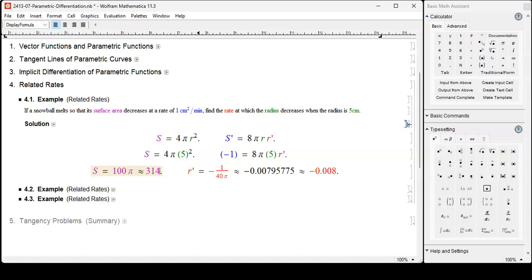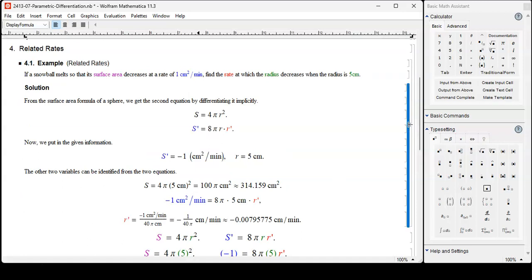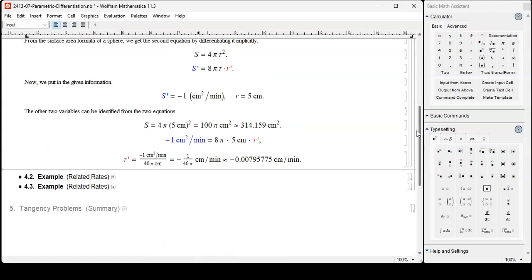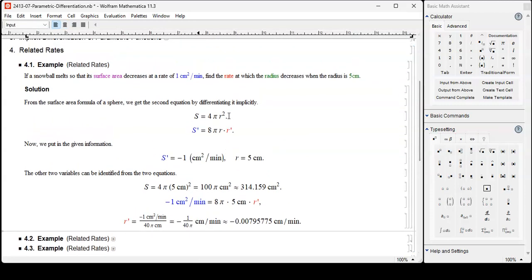Let's see, what did I do in my answer key here? Okay, start from the relation between the surface area and the radius. Derivative, so second equation.